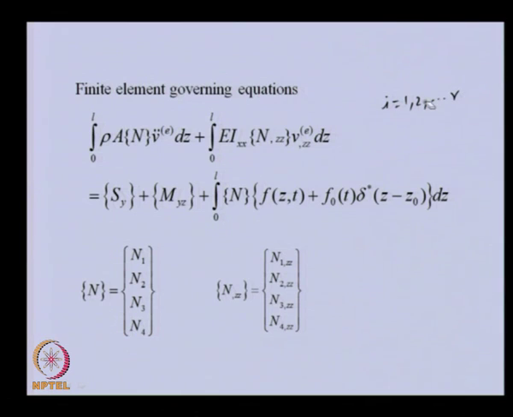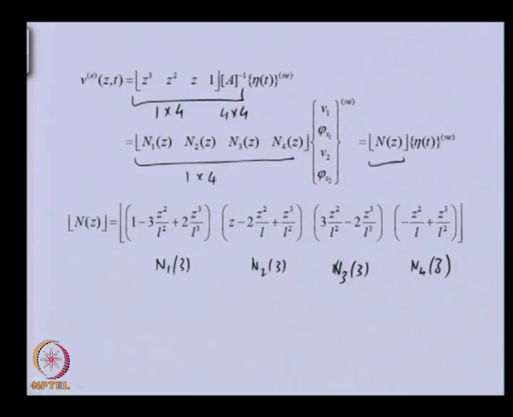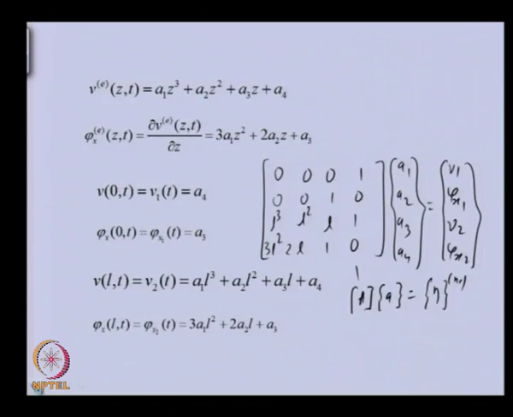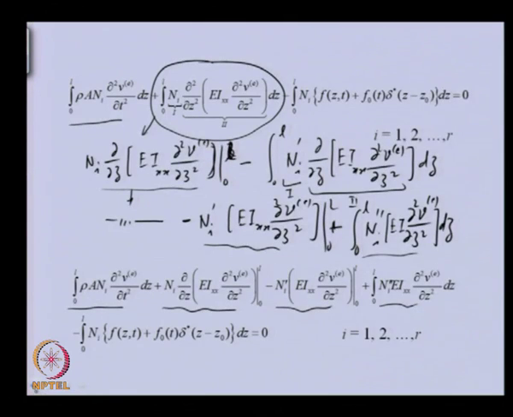So, we had r number of equations in the weak form, and now we have put them in a matrix form. If we look back at that particular equation, we will see that in this expression n contains the subscript I, which varies from 1 to r.